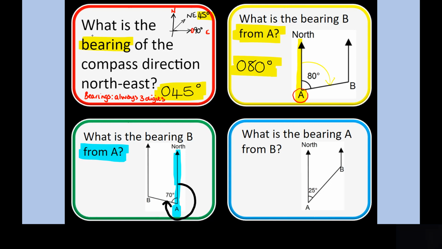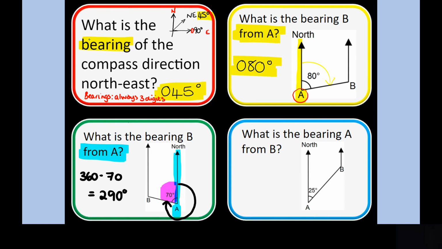All right, and I don't know if you remember from our examples last time that this one here is what you would take off of 360 to get the angle that we're looking for, our bearing. So that's 360, take away 70, gives an answer of 290 degrees. So the bearing for that one is 290.